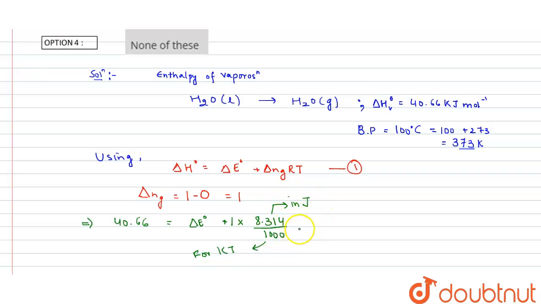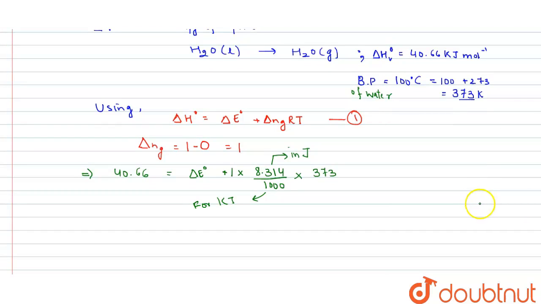We multiply it by the temperature, which is the boiling point of water, 100 degrees centigrade, and on the Kelvin scale it is 373 Kelvin. So this is our expression.